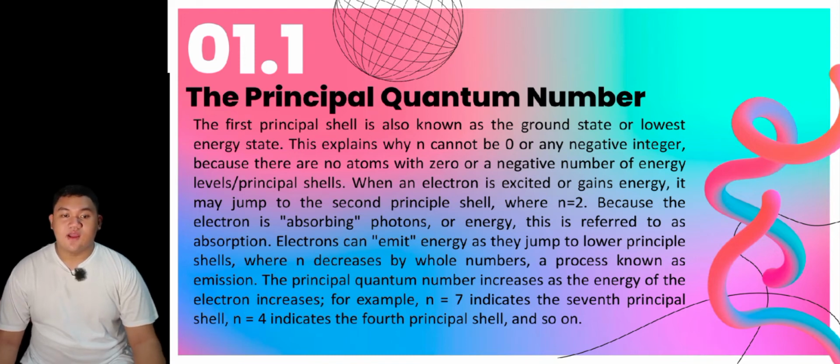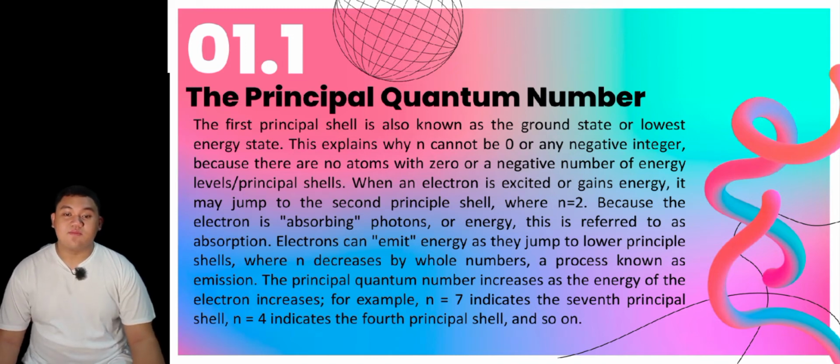This is called absorption, because the electron is absorbing photons or energy. Known as emission, electrons can also emit energy as they can jump to lower principal shells, where n decreases by whole numbers. As the energy of the electron increases, so does the principal quantum number.